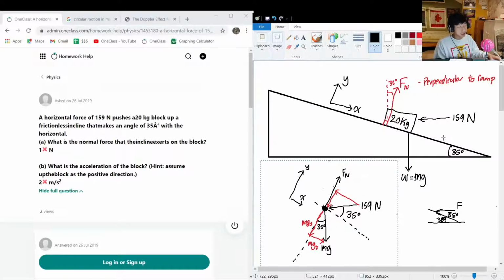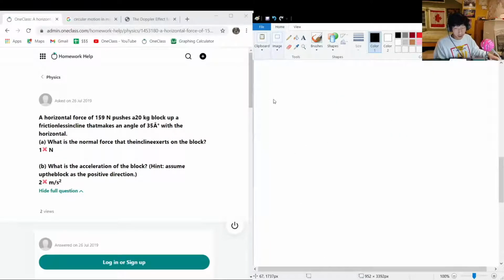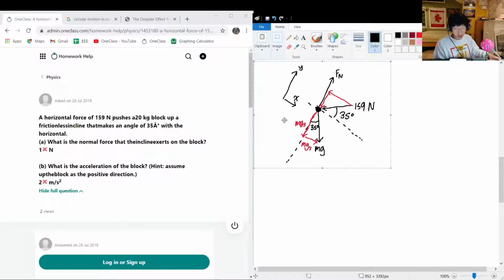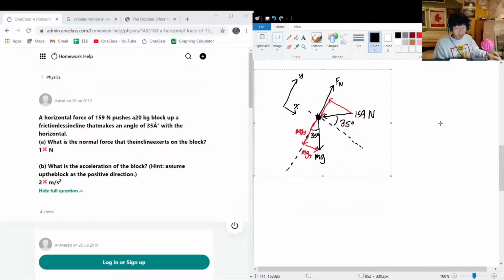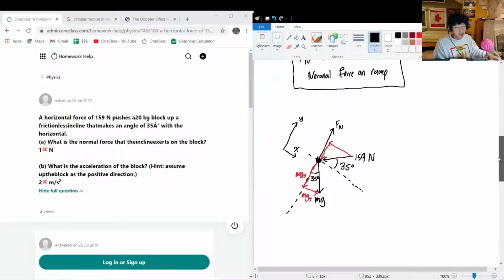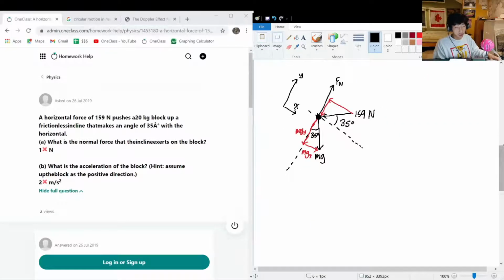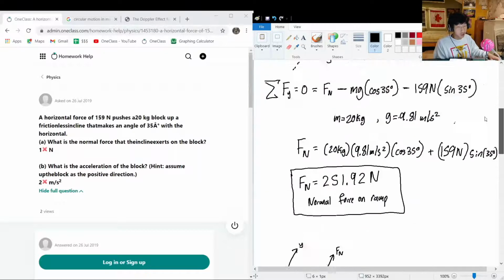And that's going to give us a force, and once we get that force, we can divide out the mass and find the acceleration up the ramp. So here, let's paste that in. This was our free body diagram of just the forces that correspond to our ramp situation.